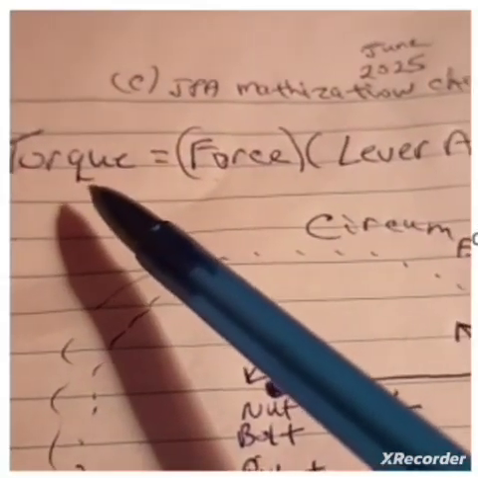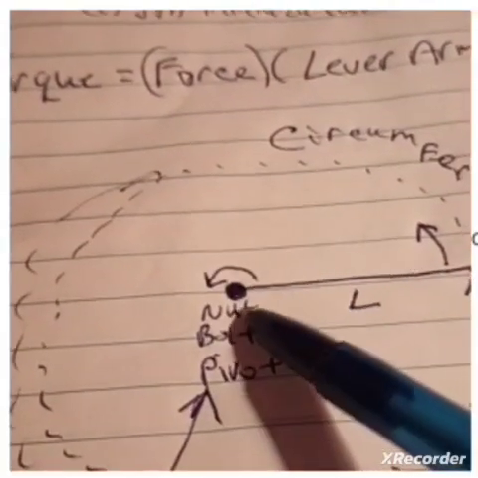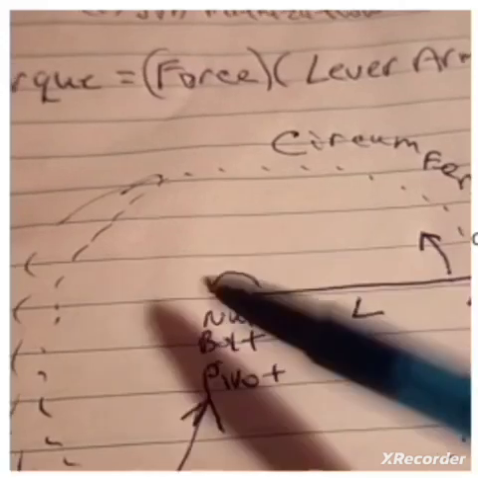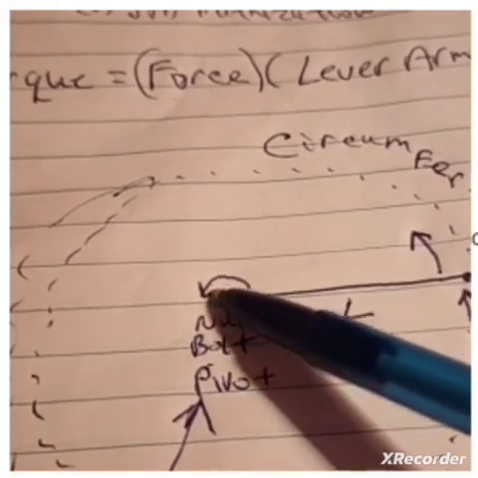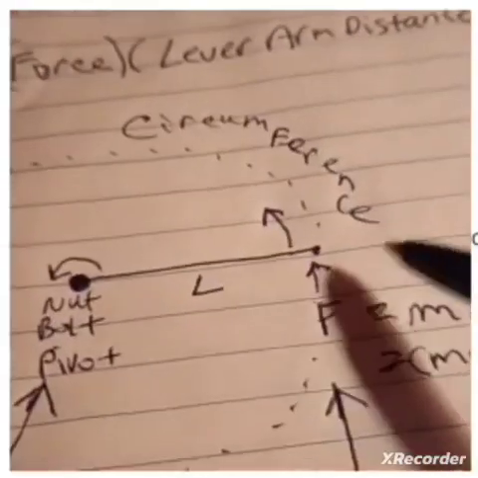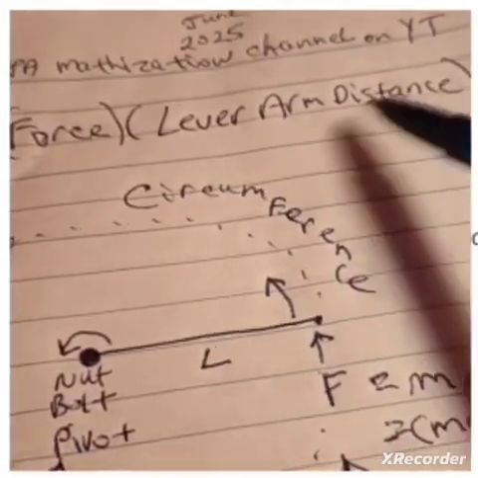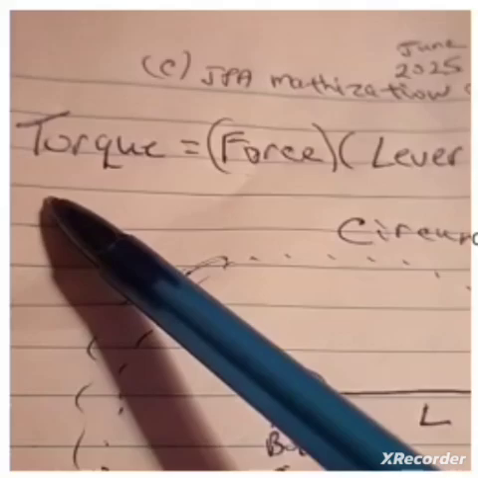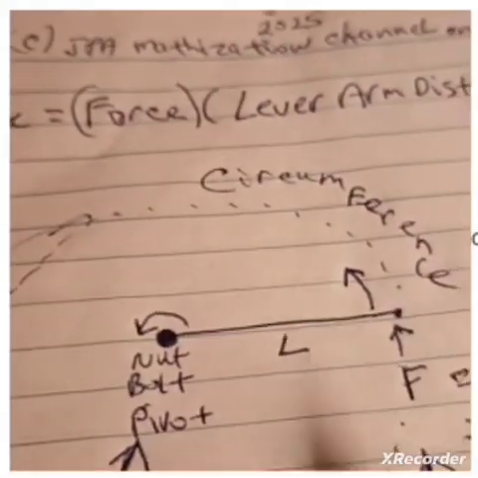This is about torque, and torque is a twisting force, such as on a nut or bolt. Here it can also be called a pivot point, too. The nut or bolt does have a diameter, so it also has a radius, and the greater the lever arm distance, the greater, for a given force, the more twisting power, such as to turn a nut or bolt.